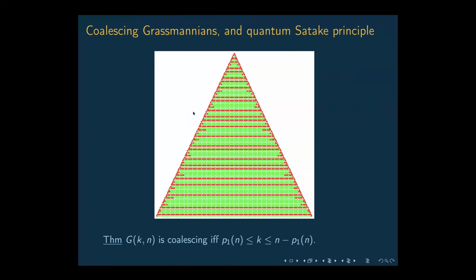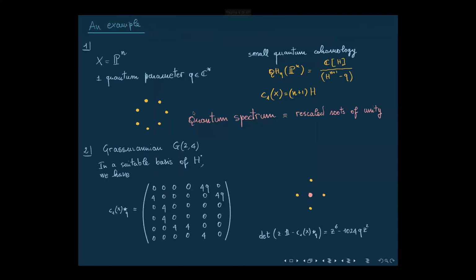When I started, during my PhD, to study this, my point of view came from the Dubrovin conjecture. So what I had to study were quantum differential equations attached, in my case, to Grassmannians. And you see, from the point of view of differential equations, coalescences of eigenvalues, as you can see here for G(2,4), represent a very delicate problem from the analytical point of view.